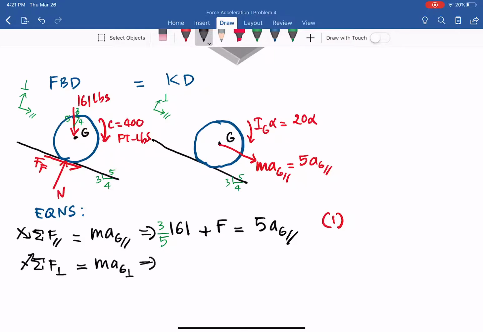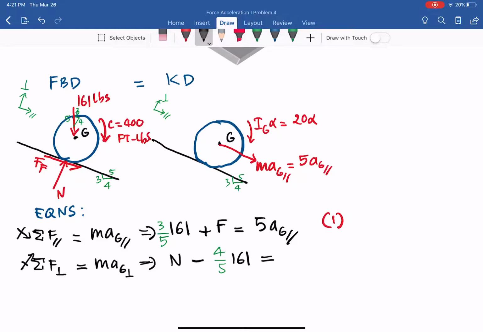From that we can have normal force, and then the weight 4 feet, and it's going down, so negative 4 feet 161 equal to MAG perpendicular. Look at the kinetic diagrams.